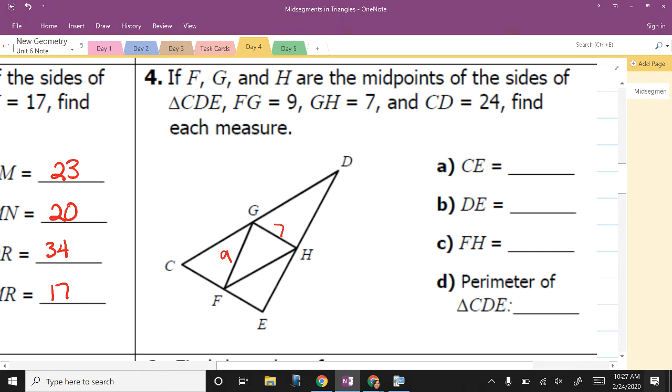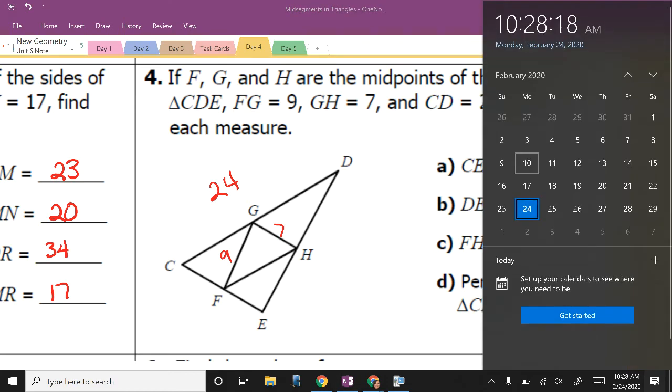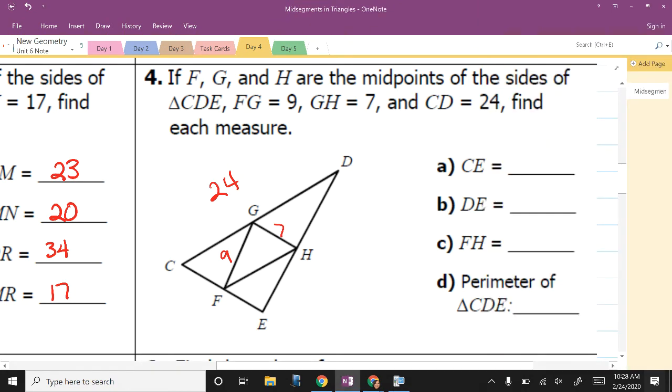And CD, that whole thing, is 24. So what is the measure of segment CE, which is this bottom segment right here? Yeah, you double the mid segment, which is 7. So 7 times 2 is 14. Everybody okay with that one?